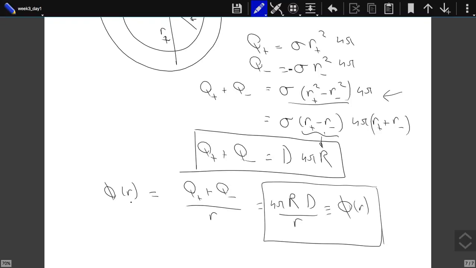So the distance between the two sheets is 0, then R plus minus R minus should be 0. Exactly. But you see, we are taking two limits together. One limit, we are setting R minus equal to R plus. But at the same time, we are taking the sigma goes to infinity limit in such a way that sigma times R plus minus R minus is finite.